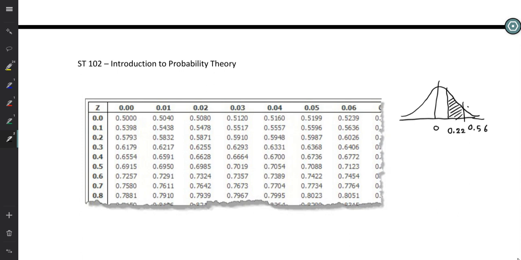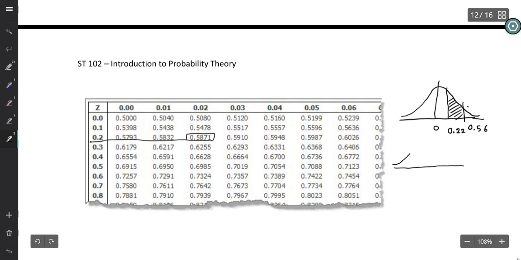Okay, if we read 0.22, what do you get? Here's 0.2. Here's 0.22. Right? So there's the probability. So that is the area to the left of 0.22. What is that area? This area. Okay. Then we read the area of 0.56. Yes, 0.56.